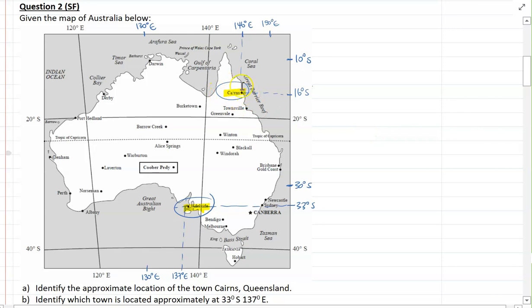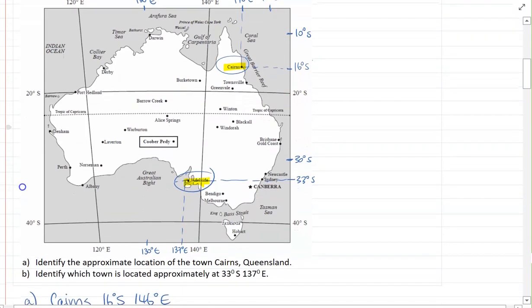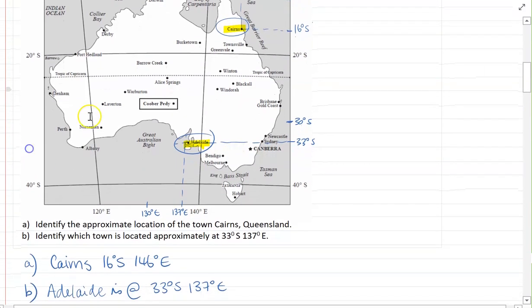Alright, so hopefully you found Cairns up the top here. And if I interpolate between our lines of latitude and our lines of longitude, then Cairns would have the approximate location. You could vary a little bit off this depending on how accurately you're approximating. So I said Cairns is 16 degrees south, 146 degrees east.